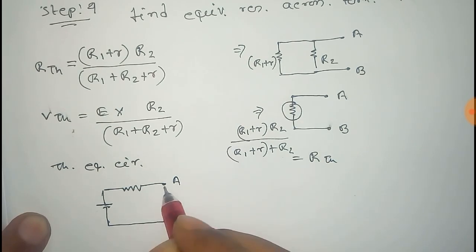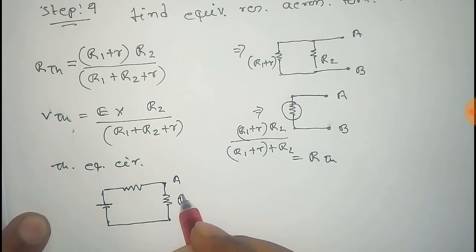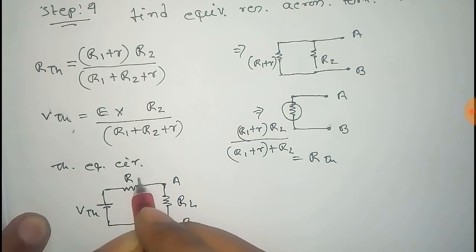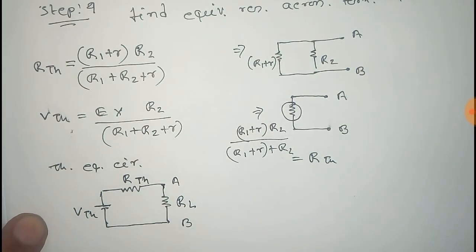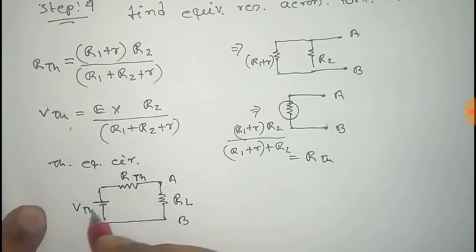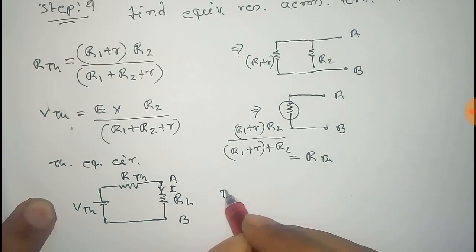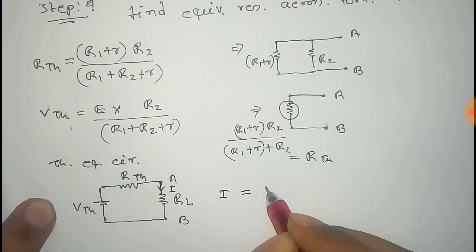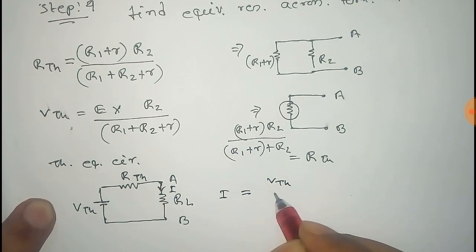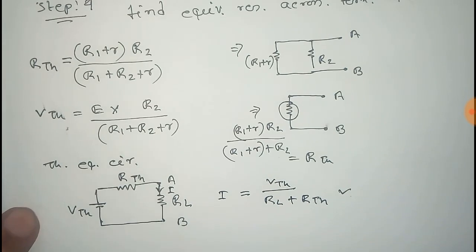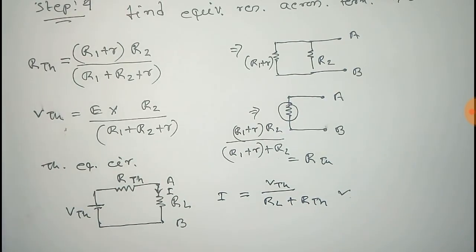That is terminal A, that is terminal B, and that is the load given, and we calculated Vthevenin and Rthevenin, and now we can easily find the current through the load resistance RL. You can see the current through this resistance, I, equals Vthevenin, that is the voltage, divided by the total resistance, that is Rthevenin plus RL. Thus, in this way we get the current through the load resistance by converting the circuit to the Thevenin equivalent circuit.